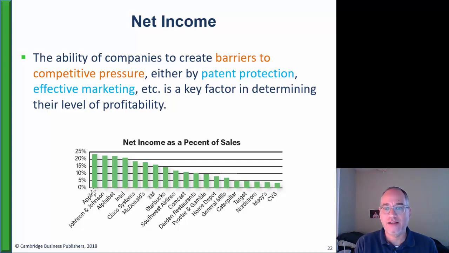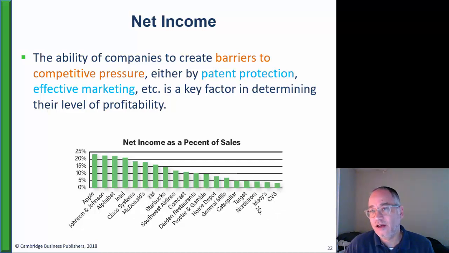And they use Gmail and other Google products, and it's difficult for other companies to compete with those. So these companies all have a competitive advantage, and that gives them a fairly high net income as a percentage of sales. If you look on the right side here, these are companies without much of a competitive advantage at all.